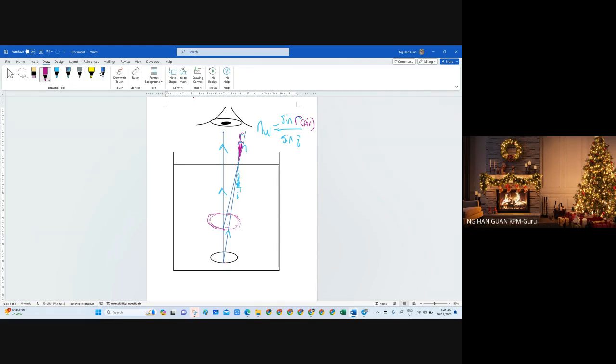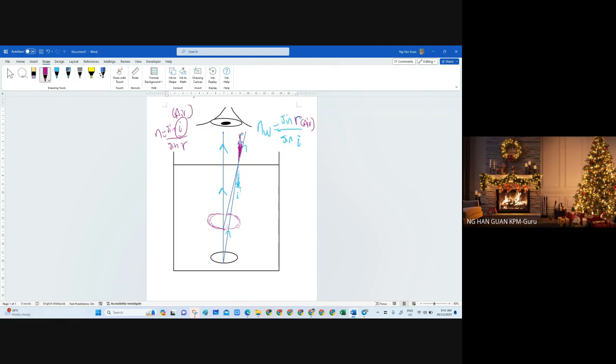So we don't really blindly follow the symbols in the formula, which is i over r. You have to look at the situation. Because in the formula n equals sin i over sin r, the angle i is the angle referring to the air medium or the vacuum.